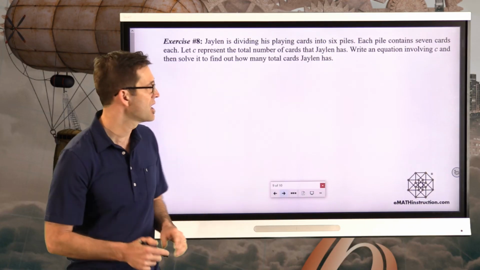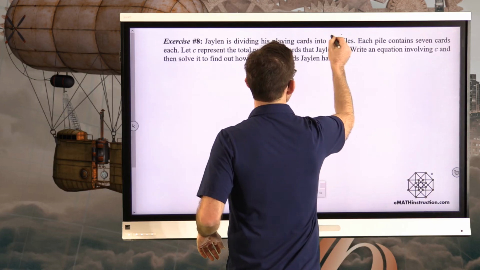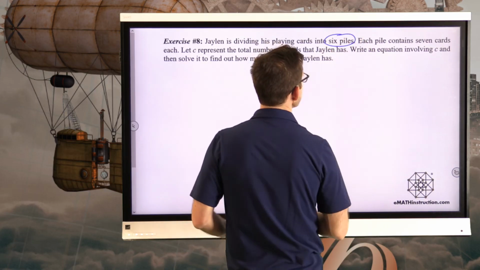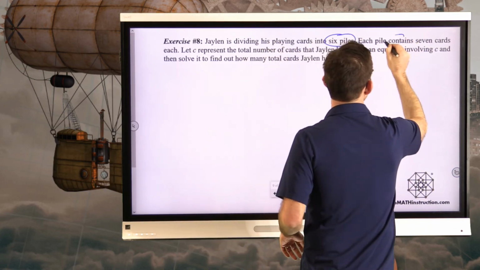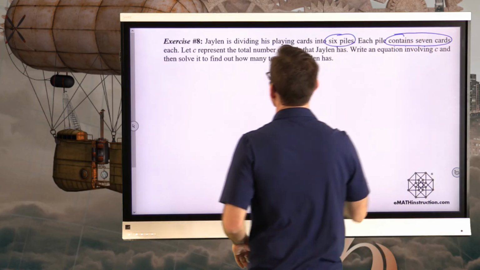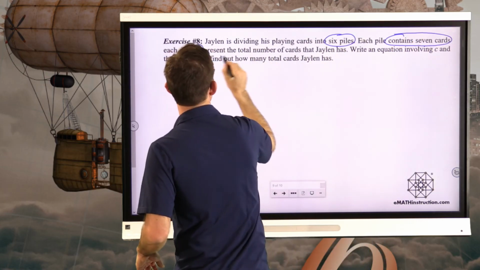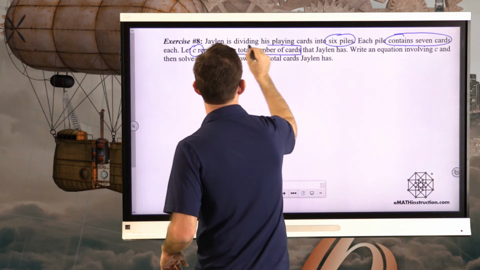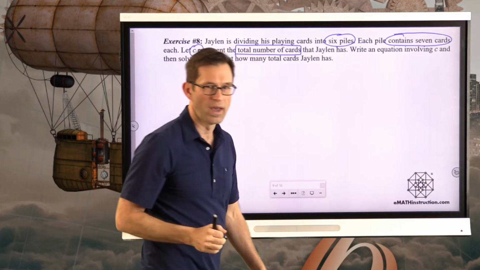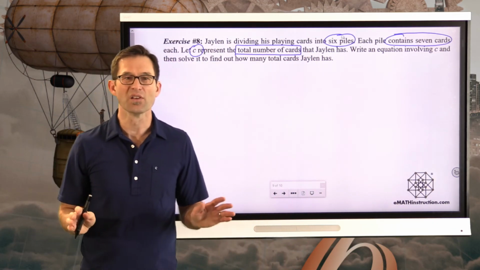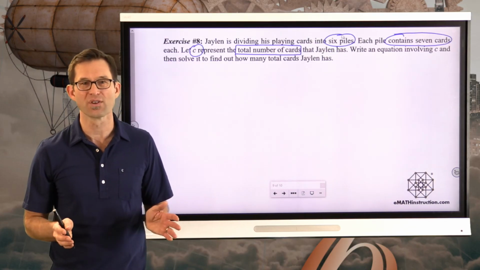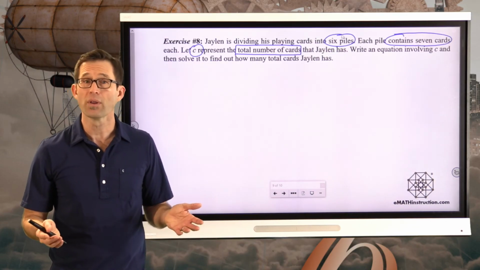Okay, so let's take a look at this for a second. Jalen divides his cards into 6 piles. Each pile contains 7 cards. C represents the total number of cards. Now this really is a little silly to set up an equation in order to solve this, but here's how we think about it.